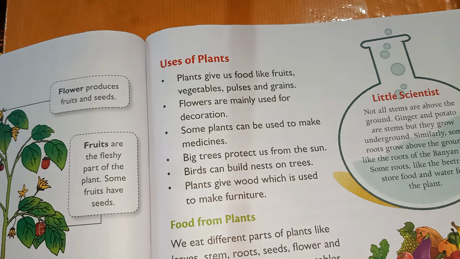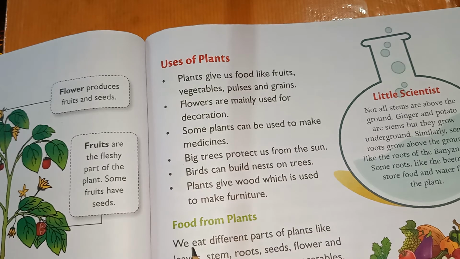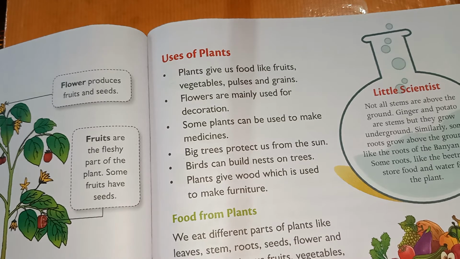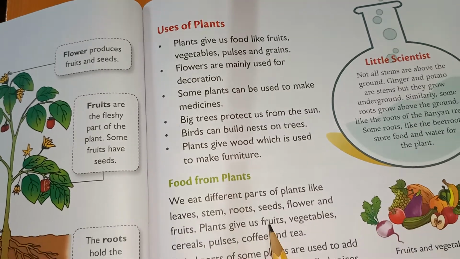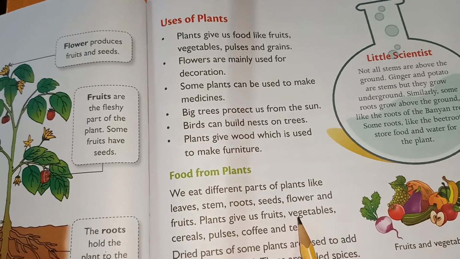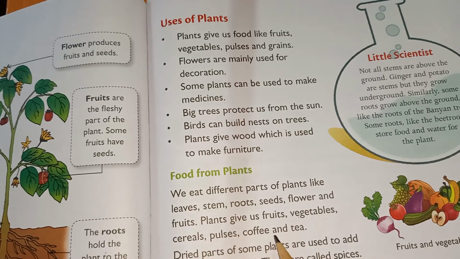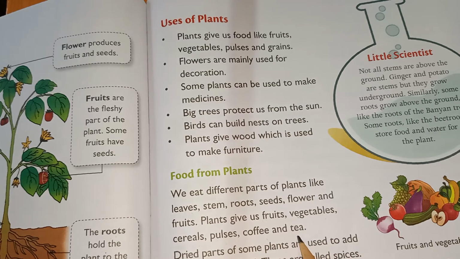And the most important use of plant that we get is that we use plants to get our food. So plants give us food in different forms. Plants can give us food in the form of fruit, vegetables, cereals, pulses, coffee, and even tea.